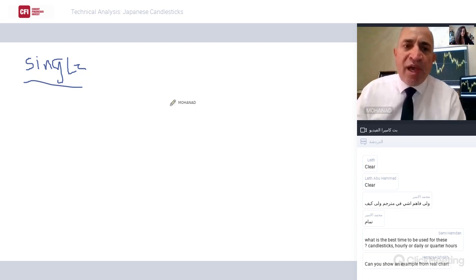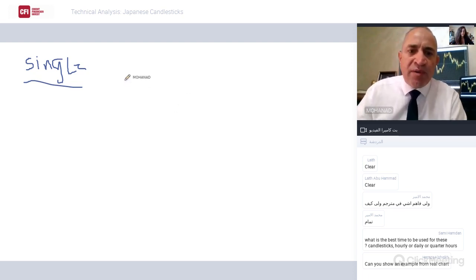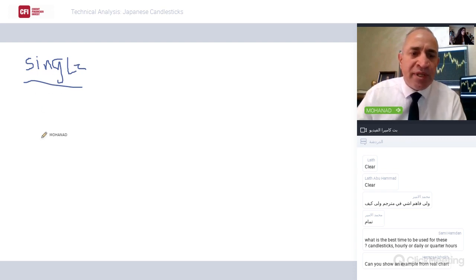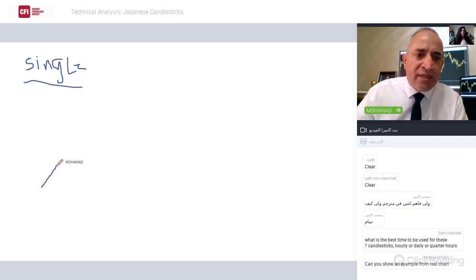As Reem said, we have many different shapes for the single reversal pattern. We will study today the single, the double and the triple candlestick reversal patterns. Let's start with the single reversal pattern. We usually see them in the chart when the market is trading in an uptrend.